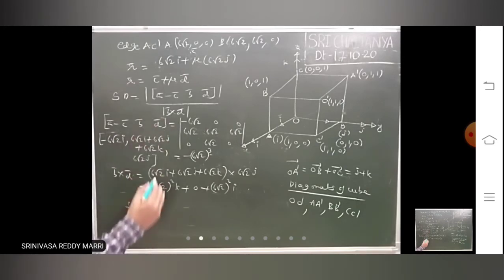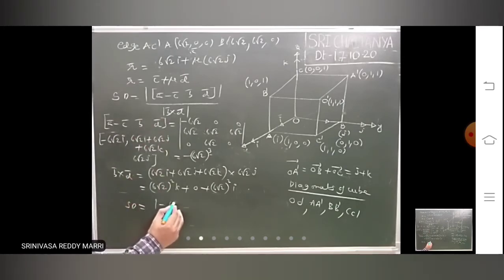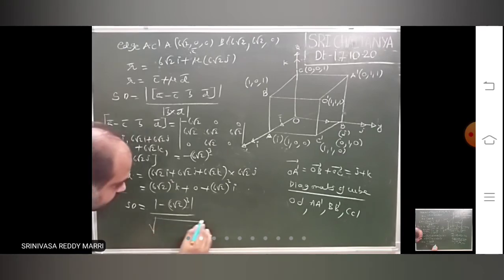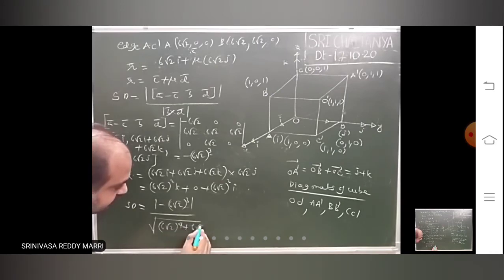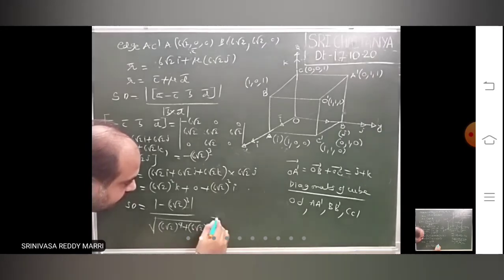Shortest distance equal to modulus of minus 6 root 2 whole cube divided by root of 6 root 2 whole power 4 plus 6 root 2 whole power 4.